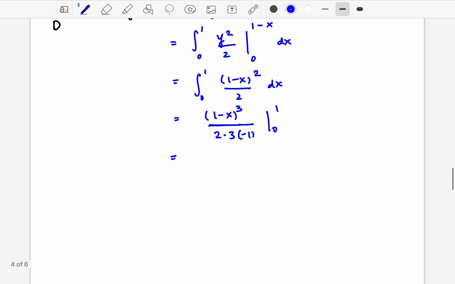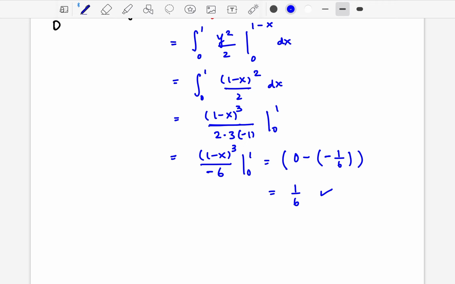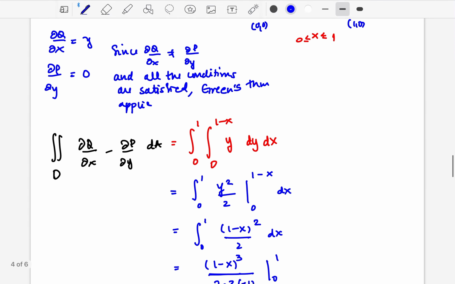So I get that this is (1 minus x) cubed divided by -6 from 0 to 1. When x is equal to 1, I get 1 minus 1, 0, minus when x is equal to 0, you get -1 over 6, which is 1 over 6. Ooh, math never lies. We got the right answer. Perfect.